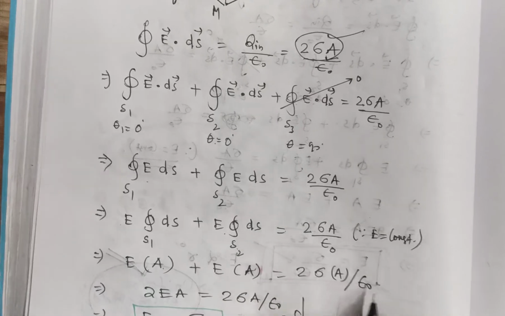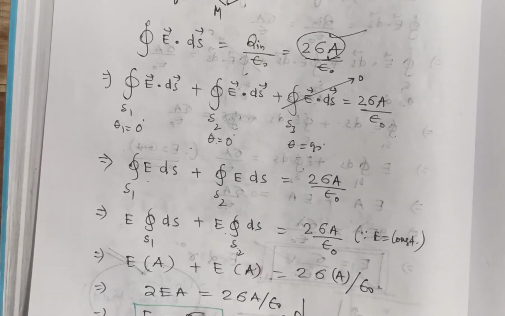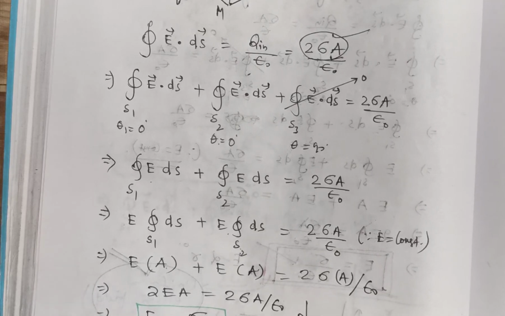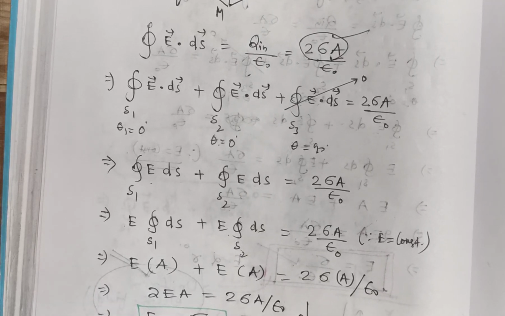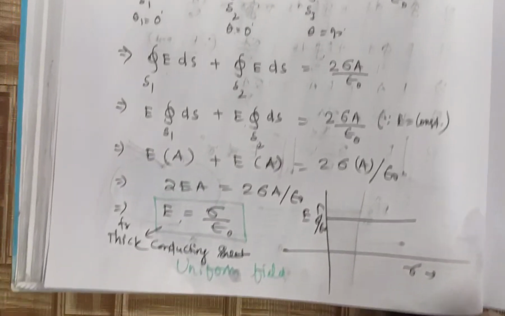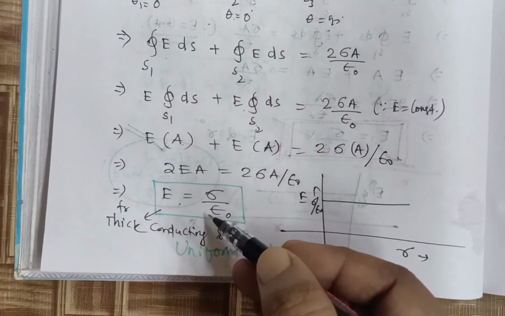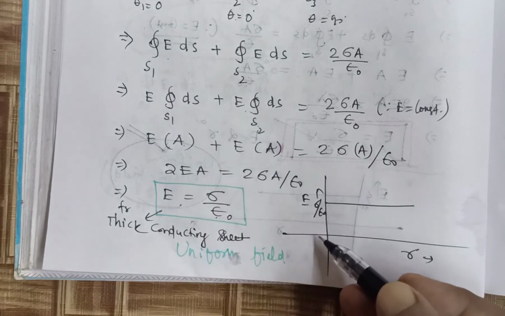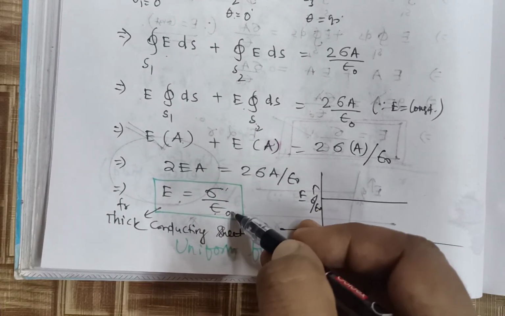But here it is 2 sigma A by epsilon 0. So the answer is E equals sigma by epsilon 0. But for the thin sheet, it was sigma by 2 epsilon 0. That means for a thick sheet, the intensity is double. In a thin sheet, the answer is sigma by 2 epsilon 0, but in a thick sheet, it is sigma by epsilon 0.